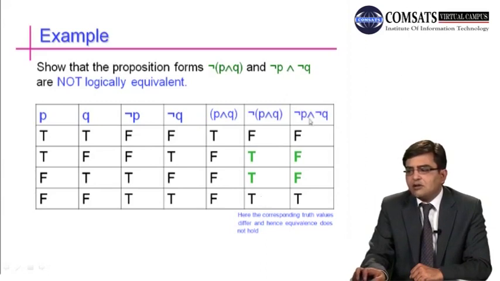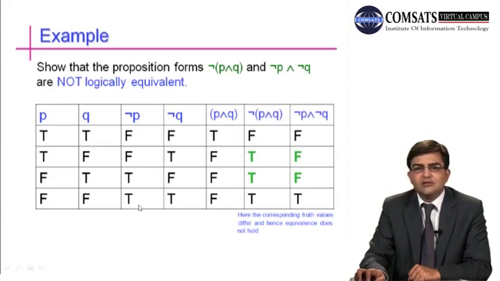Now we construct not P and not Q. We have two columns of not P and not Q here, and the conjunction between not P and not Q will be true only if both are true. Here we can see that in the last row both values are true. So here we will have true, and in all other rows we will have false.